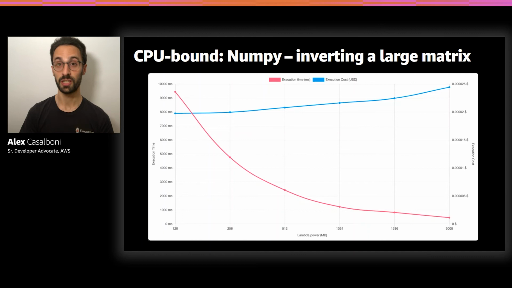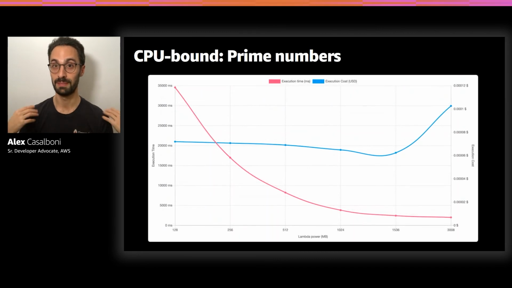So it's a trade-off. If this was a RESTful API and you were to decide between 9 seconds and 400 milliseconds for 10% more price, would you go for it? Personally, I would. I think the best part is that this data allows you to take a data-driven and informed decision.